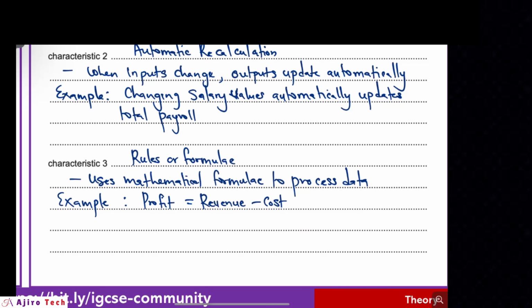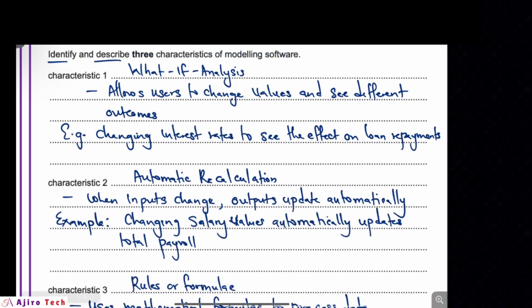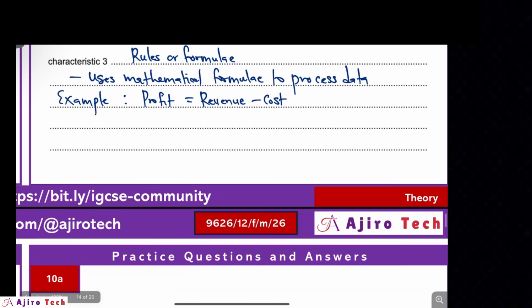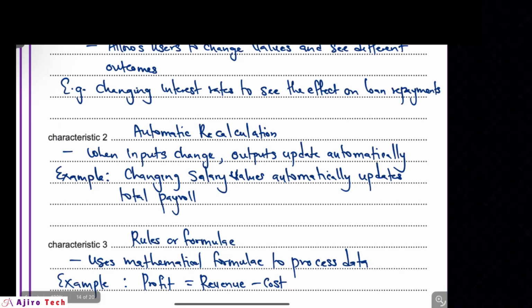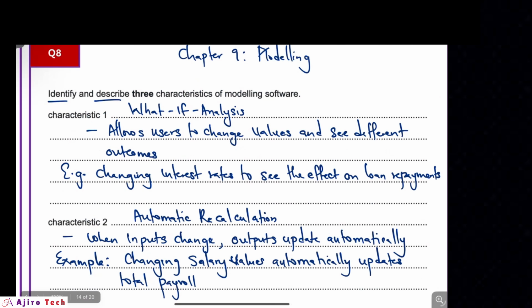So we have other ones like your macro cell protection. Oh, I'm tired. And this is one of the beauty about Ajiro Tech. We are the only YouTube channel that does theory on ICT, on ASIT, and for the first time we are moving to the A2 IT in this series.